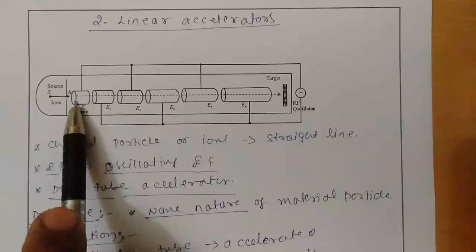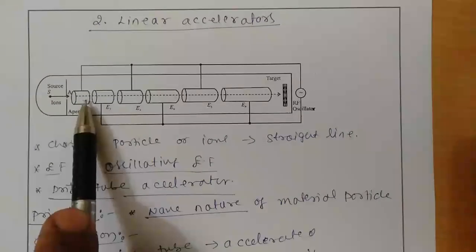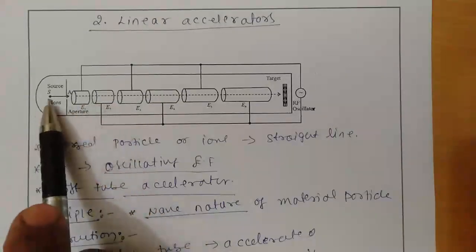Now the frequency and the length of the first tube are so adjusted that by the time the charged particle comes in the gap between the first tube and the second tube, the second tube potential will get interchanged from positive to negative. Why? Because here you are using a positive source, positively charged protons.